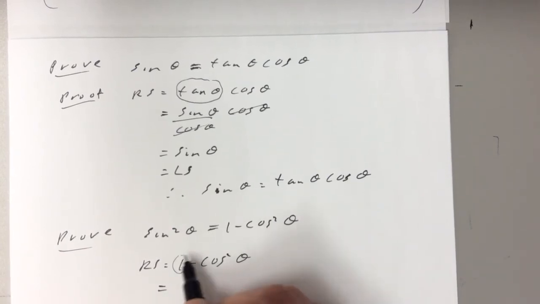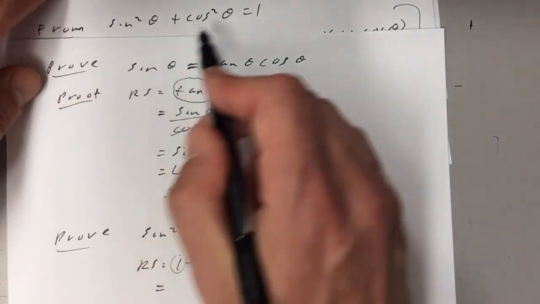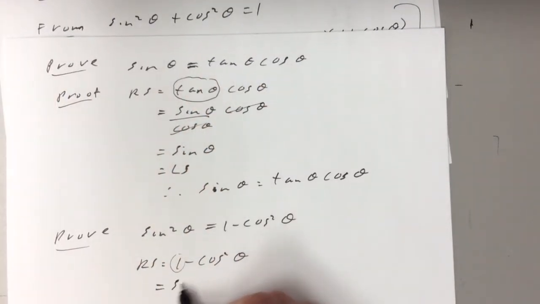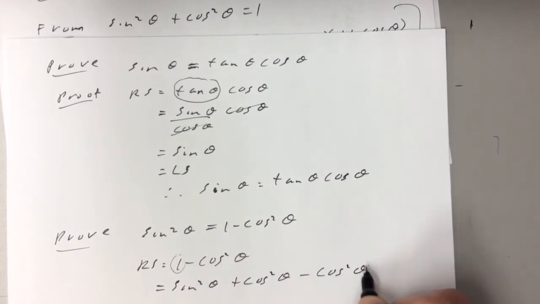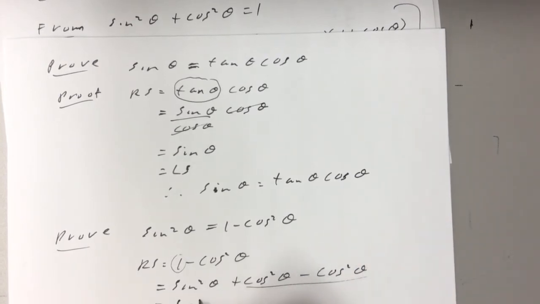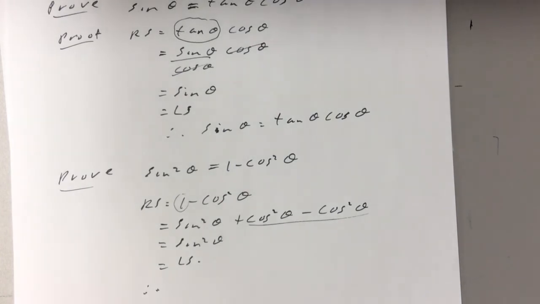I'm going to replace the 1 with what we had up here, which was sine squared theta plus cos squared theta. So sine squared theta plus cos squared theta minus cos squared theta. Those go away, so you end up with sine squared theta, which equals the left side, and therefore you can make that statement again.